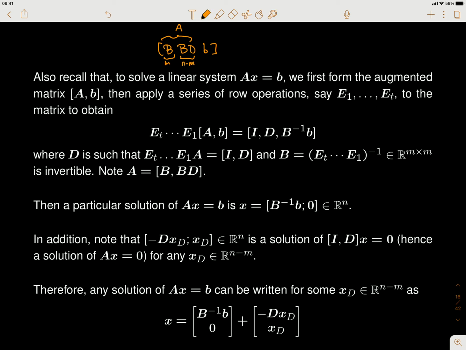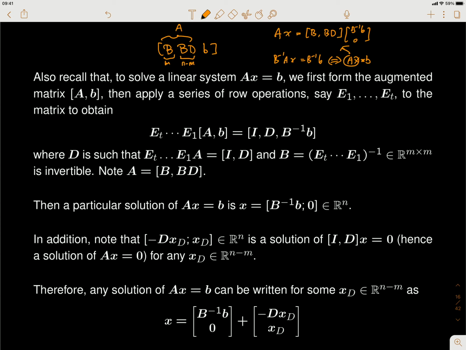The reason is that now AX becomes BD times X, where X is this B inverse b and 0 here. And when we multiply the B inverse on both sides of AX, it will be B inverse b. So this is equivalent to AX equals b, right?